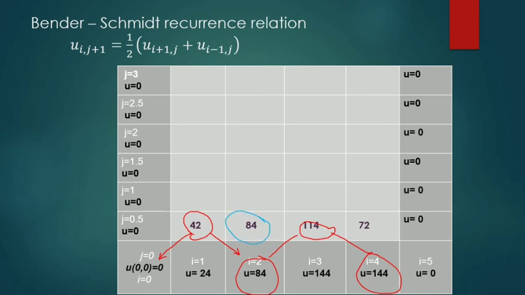You add these two, 0 plus 84, divided by 2, that is again 42.